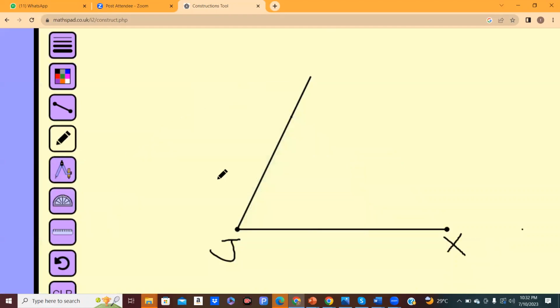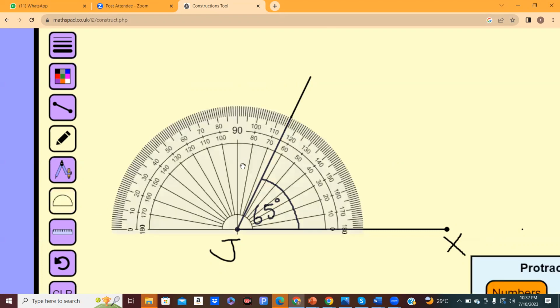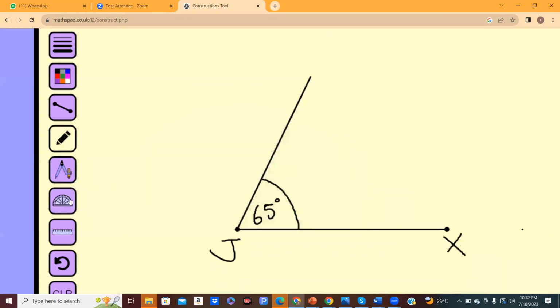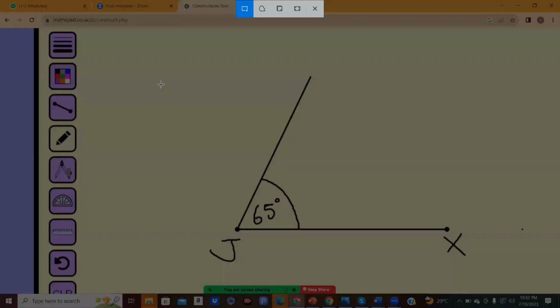We're gonna label it 65 degrees. And so we did what they asked us. We used our protractor, the same protractor, and we drew an angle measuring 65 degrees at J.